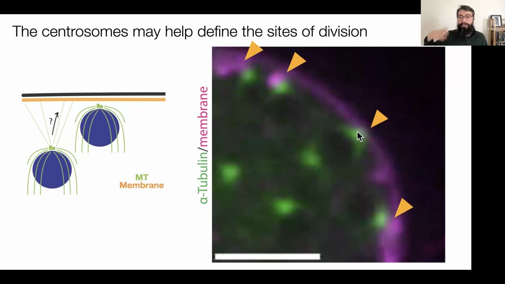Up to this point, we thought that they were completely synchronized in their nuclear divisions, but it turns out some nuclei are not completely synchronous in the last nuclear division before cellularization. But hopefully you will see in the negative space the nucleus, and in the green dots the centrosomes as they interact with the plasma membrane, and hopefully you'll see what happens with that interaction.